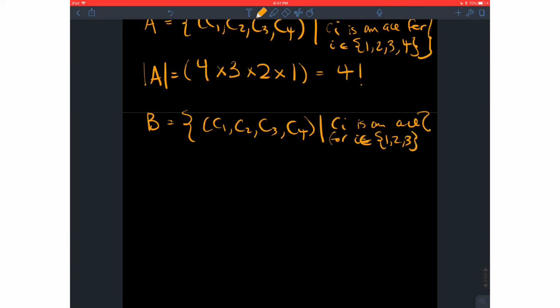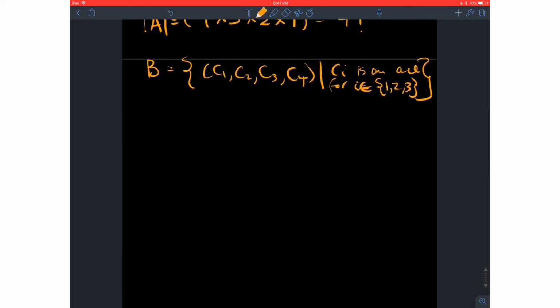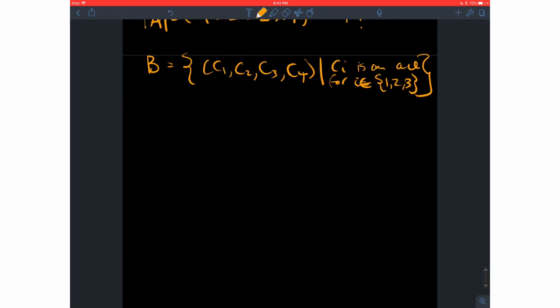So we're not putting that condition on C4. Now, this is going to be bigger than A. In fact, A is contained in B, and that's going to be an important fact later on. Why is it obvious that A is contained in B? If we choose C4 to be the remaining ace, then it's still an element of B.